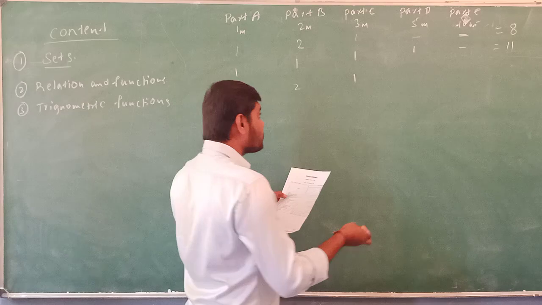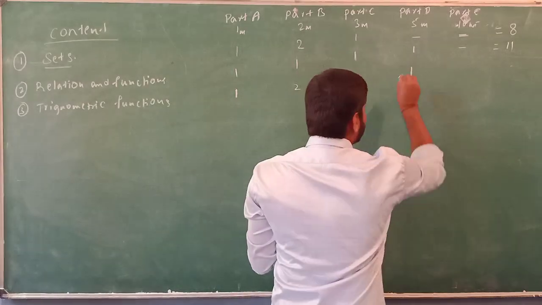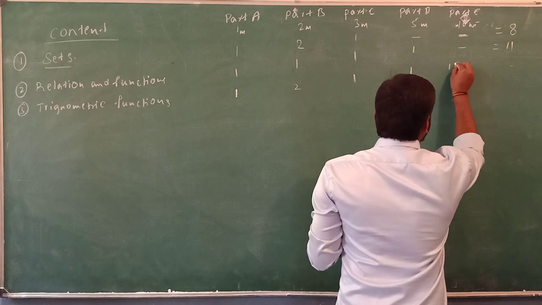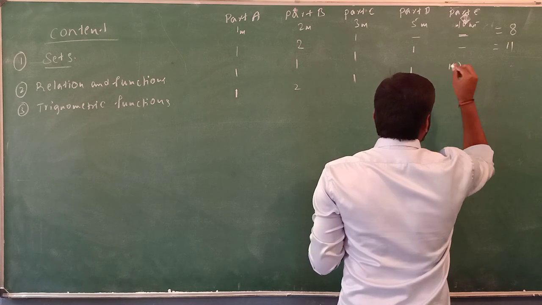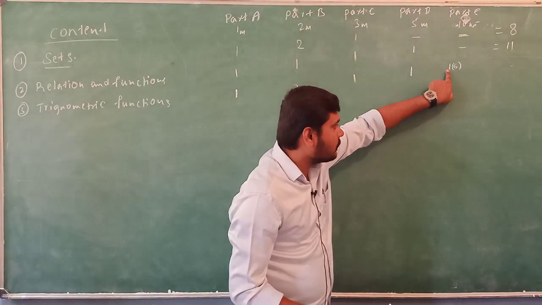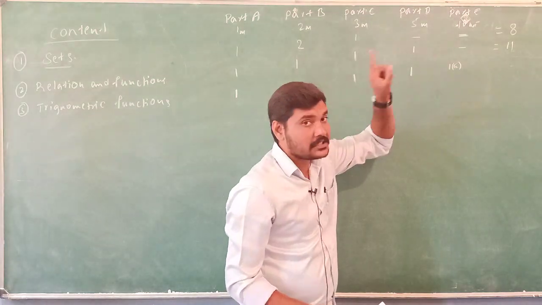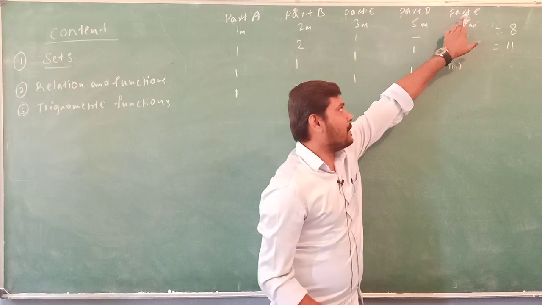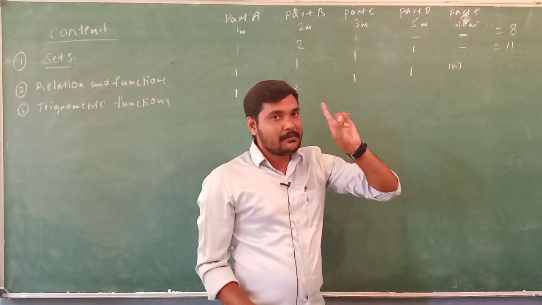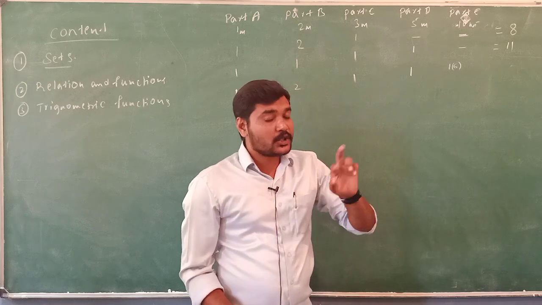We have again one 5 marks question, again one 6 marks question here. I have already mentioned that in part E the 10 marks questions are divided into 2 questions.